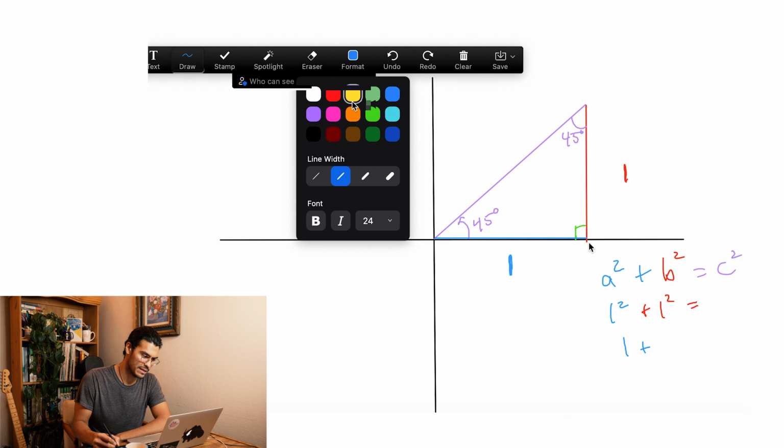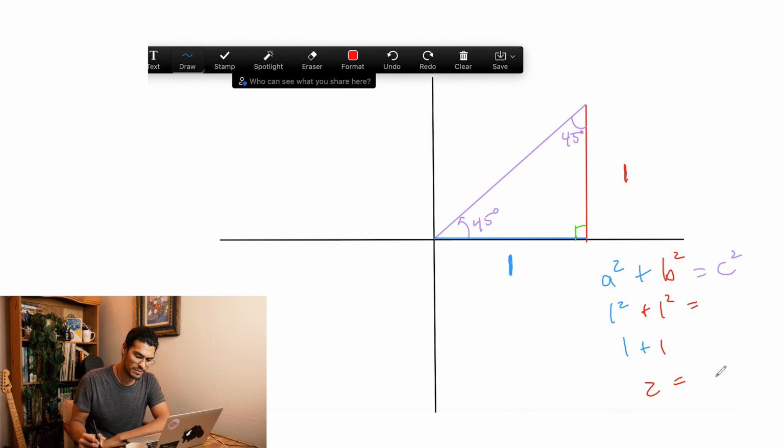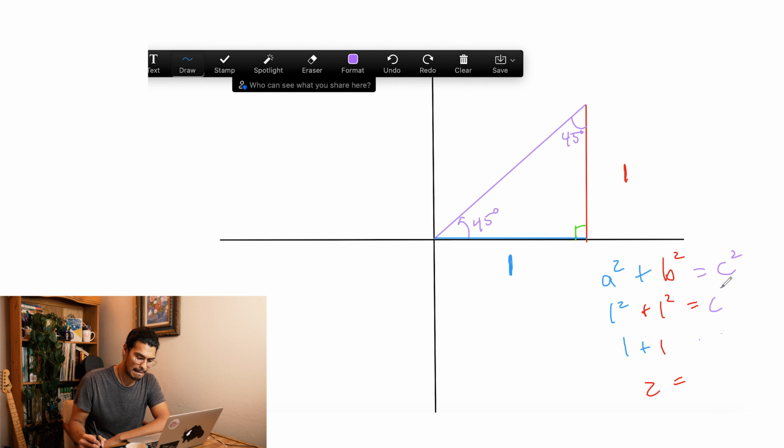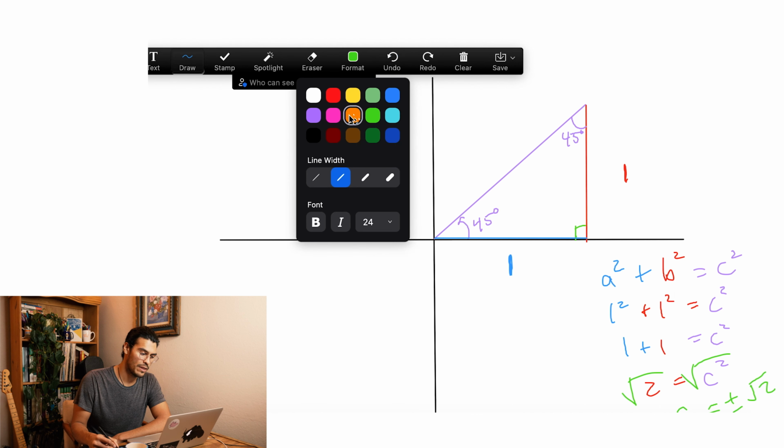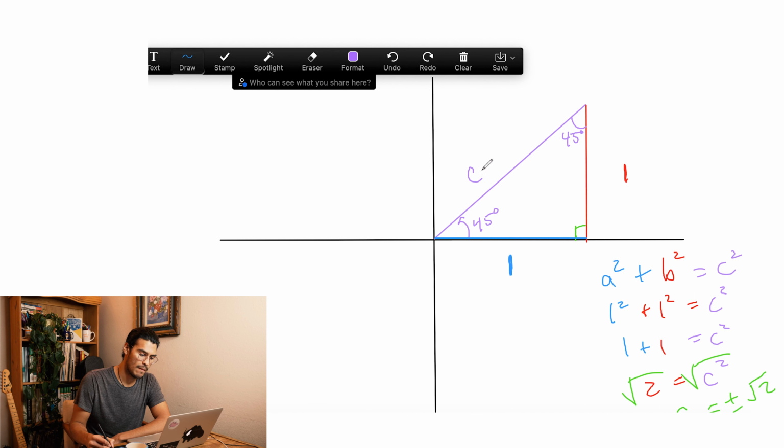This other 1 squared is also 1. This is just going to be 2. So 2 is going to have to equal our c squared, which means when we take the square root of both sides, c is going to be positive or negative square root of 2. But because we're dealing with hypotenuse, we're only going to take the positive one.